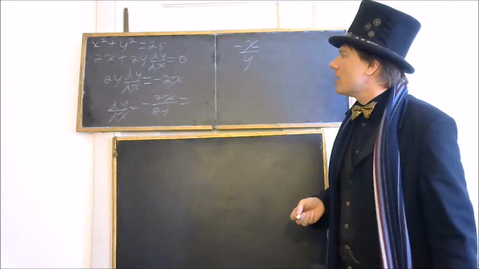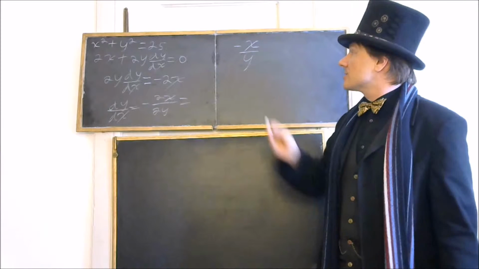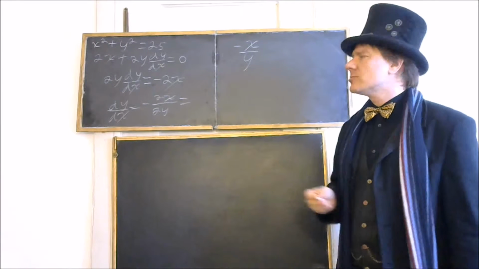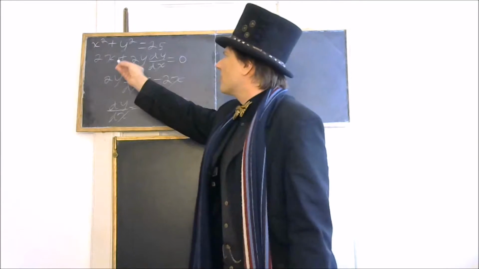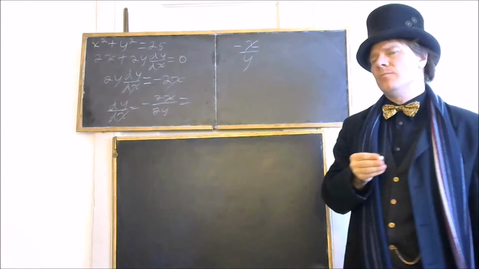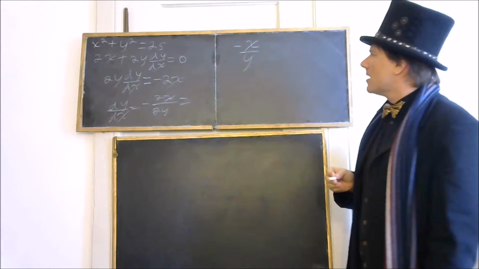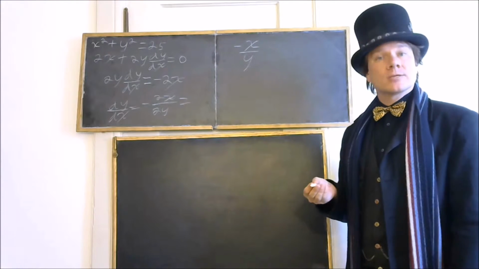And that would be our answer. So dy over dx equals negative x over y. Isn't it interesting how we started off with these two variables and we ended up with the third variable that we wanted to solve for. And that's how implicit differentiation works.